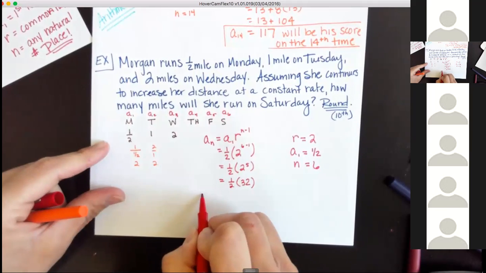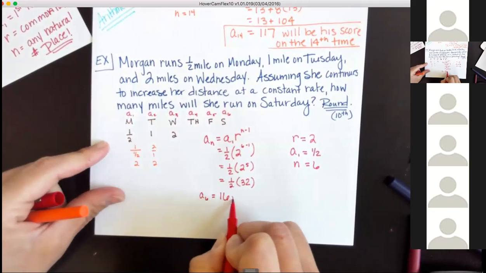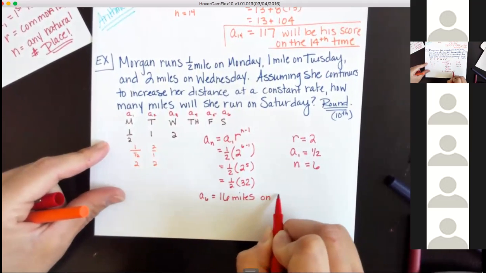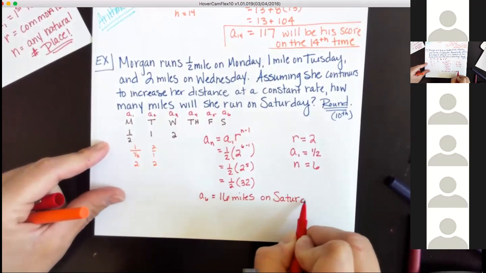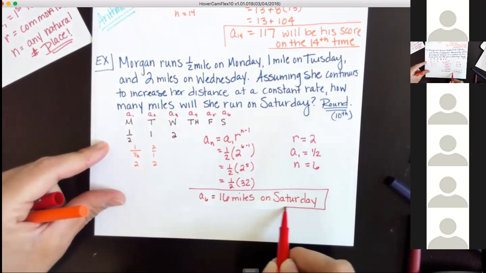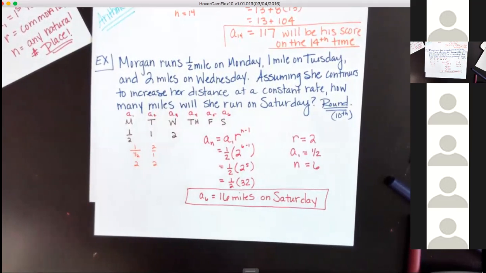So on Saturday, A sub 6, Morgan's going to run 16 miles on Saturday, which I am certain if any of you do any kind of running, I'm not sure if we're going to increase that fast, but that's what the pattern says should happen.